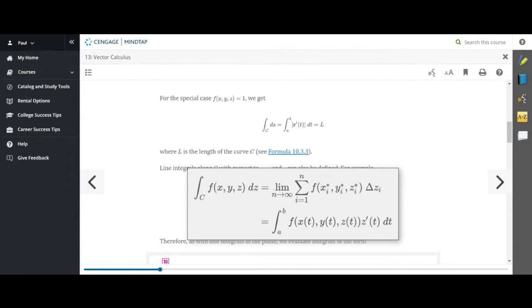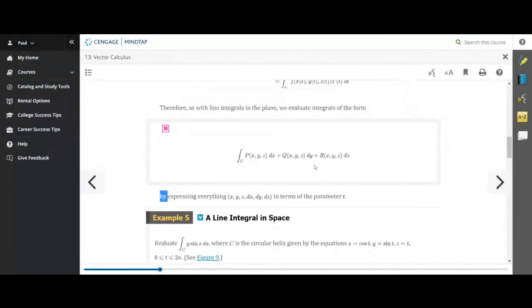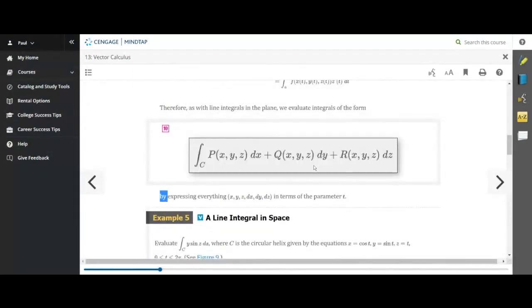And then if you wanted to find the sum of the three line integrals, that would be how you notate it.